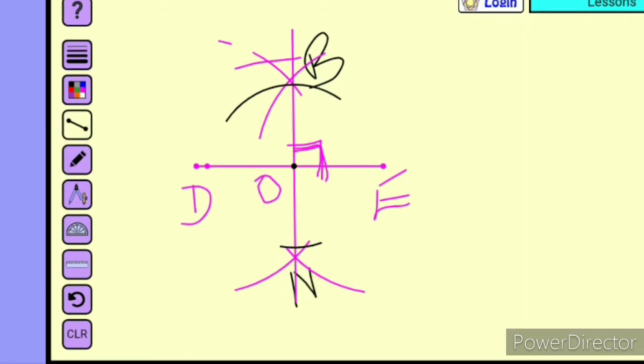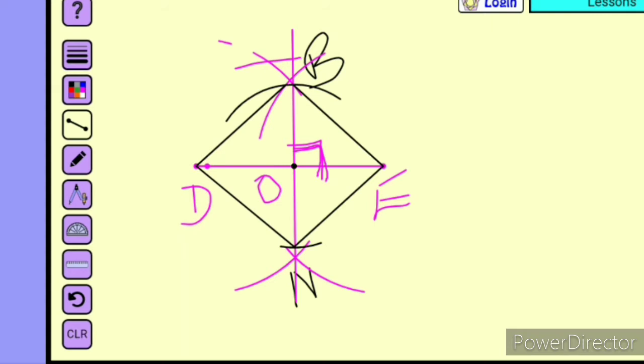Using the scale, join DB, EB, EN, DN. Yes, exactly. You should join where the arcs I drew cut the perpendicular line.